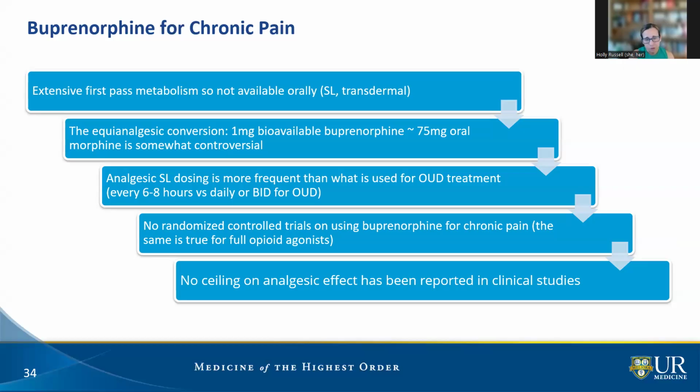And while we do believe there's a ceiling to the effect on respiratory depression, etc., in some clinical studies, they've tried to look and measure this about the analgesic effect, again, not on humans, but they have not shown that there is a ceiling on the analgesic effect. So this is kind of an emerging area in terms of buprenorphine for pain.